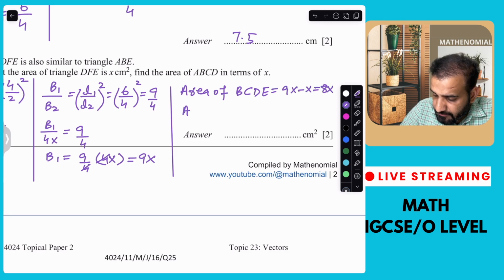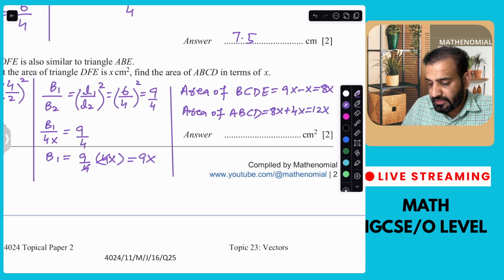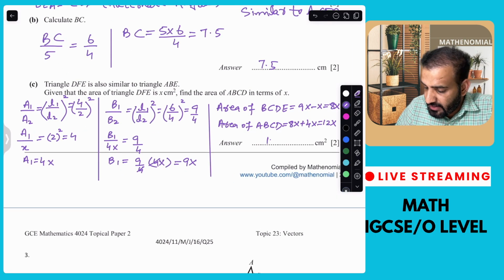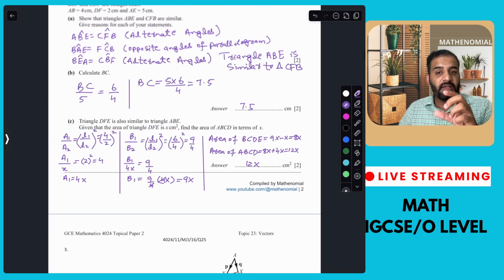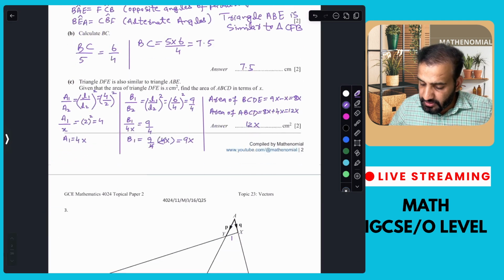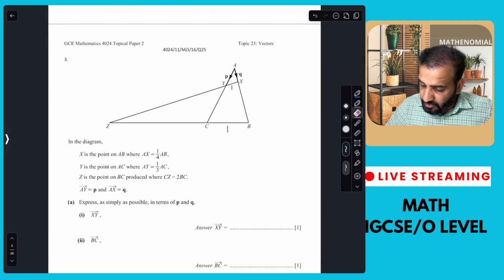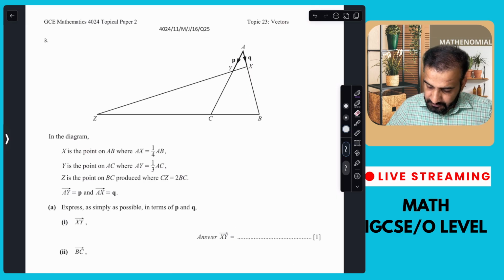So area of ABCD is 8x plus 4x, that is 12x. ठीक है, तो ये 12x आपका एरिया आता है पूरे पैरेललोग्राम का. ओके स्टूडेंट्स, सो लेट्स मूव टू क्वेश्चन नंबर 3.